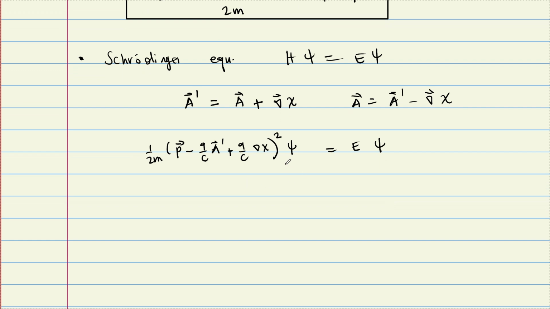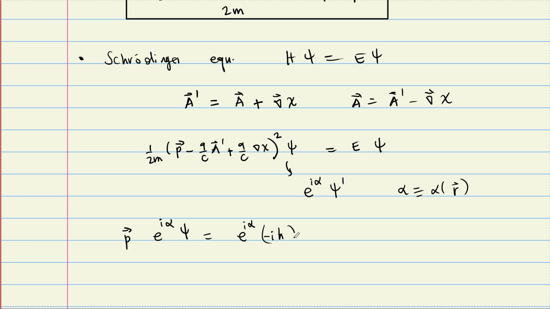And the trick here is to try an ansatz. Let's try psi to be equal to e to the i alpha times some psi prime, where alpha is some alpha of r. And I want to consider p acting on e to the i alpha psi prime. I think we did this same trick with the Bloch functions, but let's quickly do it to see that it works the same way.